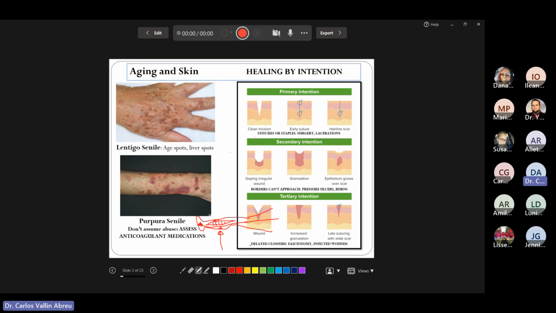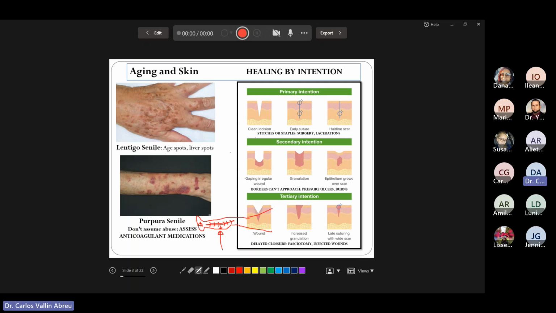When the swelling disappears and it is possible to approximate the borders of the wound again, because the swelling has already subsided, the doctor will put stitches, and the wound will be closed.